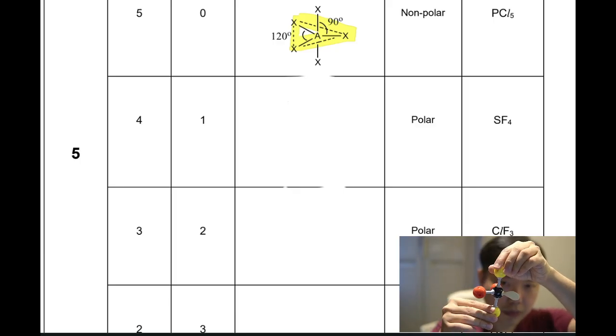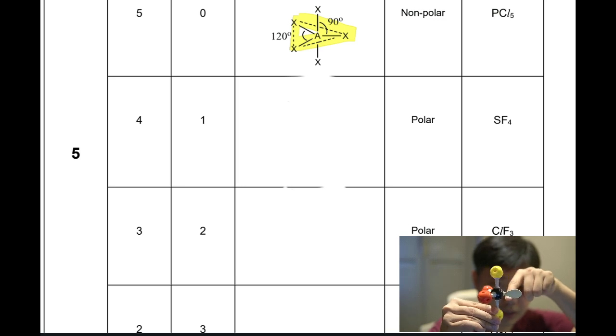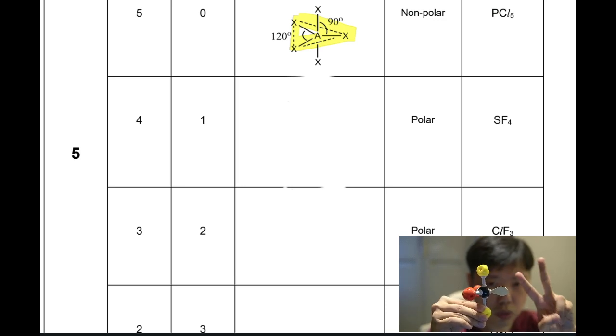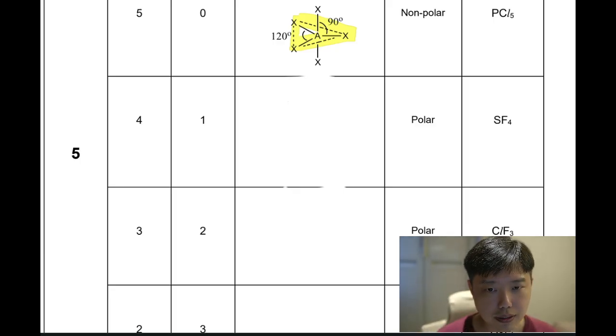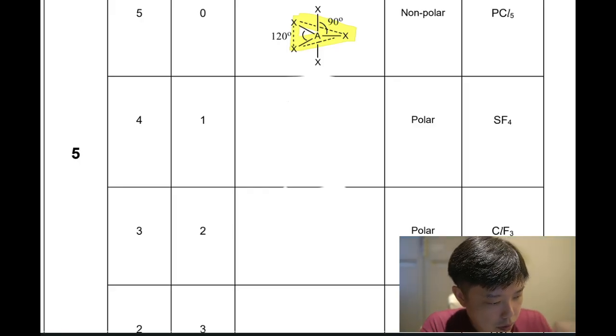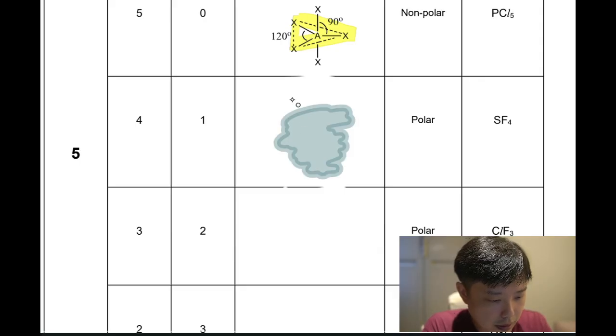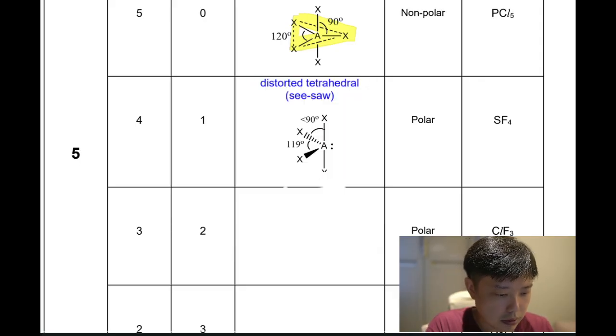From the lone pair to the bond pair on top and bottom, there's only 2 lone pair bond pair repulsions at 90 degrees. So this shape is superior to the one where you have 3 lone pair bond pair repulsions at 90 degrees.